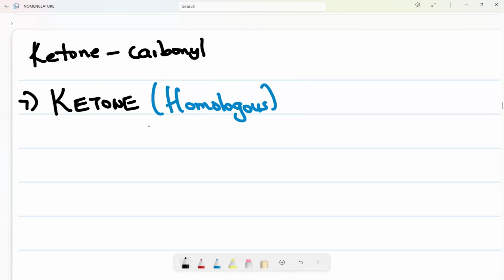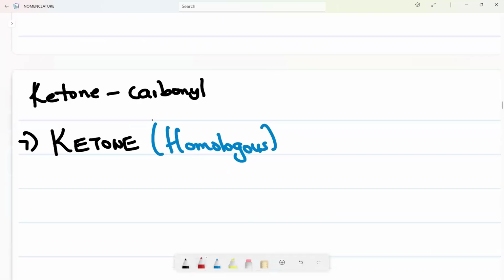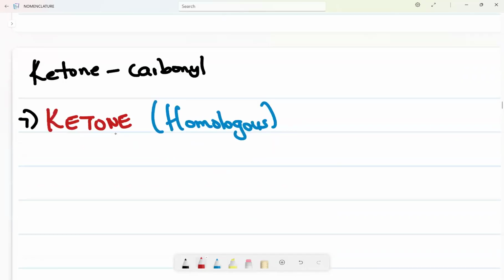It is carbonyl. Okay? You just need to know them off by heart, unfortunately. Then this is ketone there, ketone.